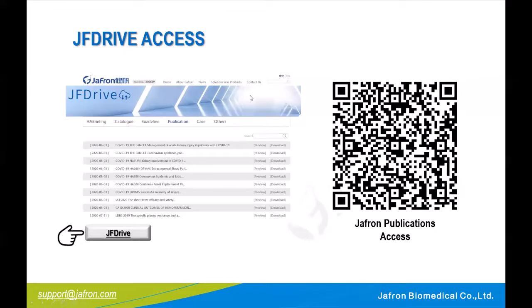So one method is to click the link to get through, or to scan with the QR code from the telephone, whatever, which I hope will provide you more convenience.